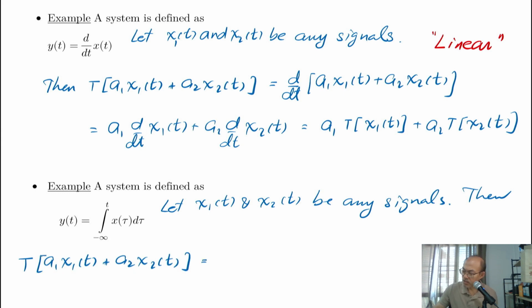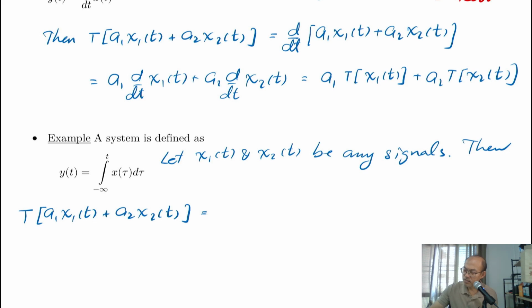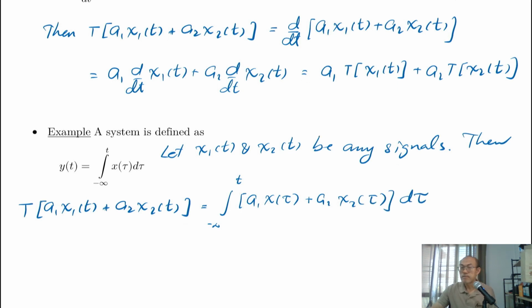By the definition of the system in this example, it is an integral from minus infinity to t, and we have to plug in tau for the variable. The input is this guy, so we have to copy it here: a1 x1 of tau plus a2 x2 of tau, and then d tau, right?